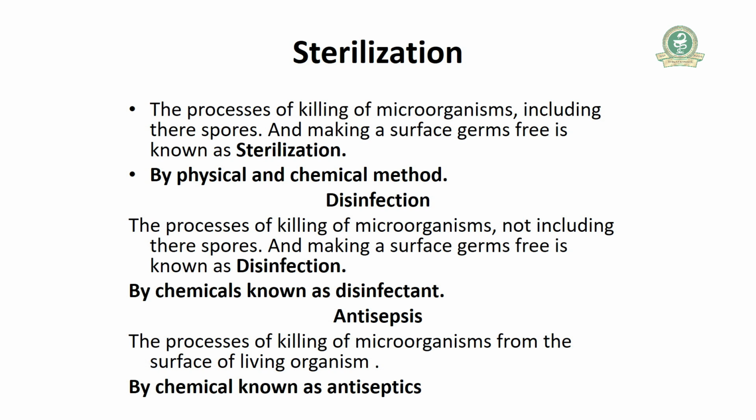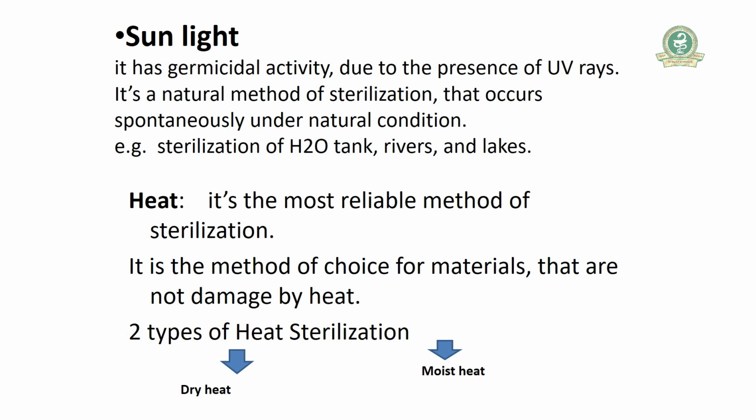The chemical which is used in this process is known as disinfectants. Antisepsis is the process of killing of microorganisms from the surface of a living organ, cell or tissue. It is also done by special chemicals, and the chemicals which are used in the antisepsis process are known as antiseptics.